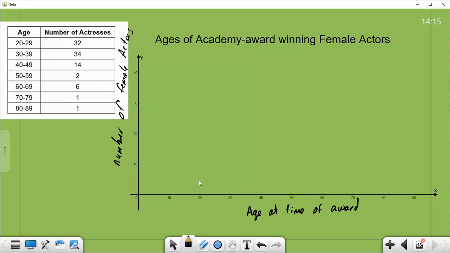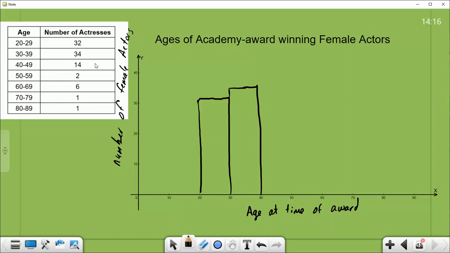So between 20 and 29, we're going to go from here to here, 20 and 29. I've got a tool for a bar graph. 32 is roughly this high. Okay, and then 34, so that's just below half here. I said I had a tool, I was going to use it, but that's good enough.